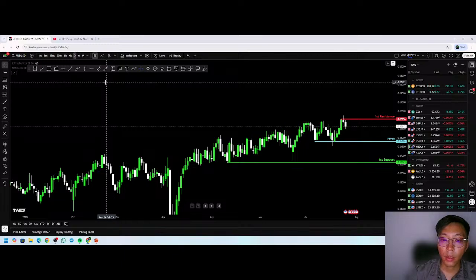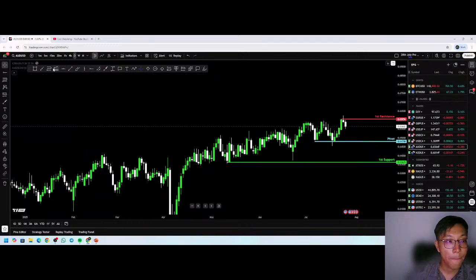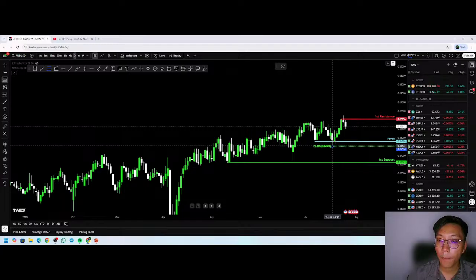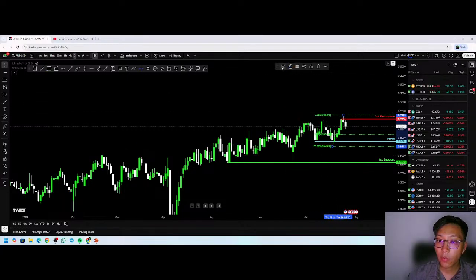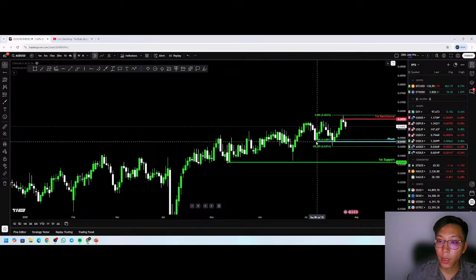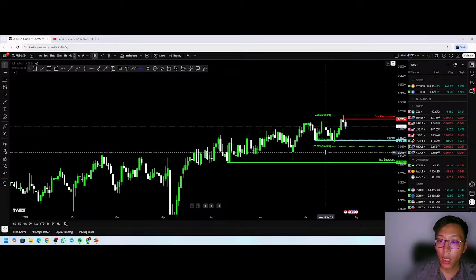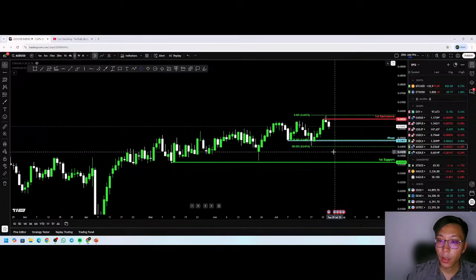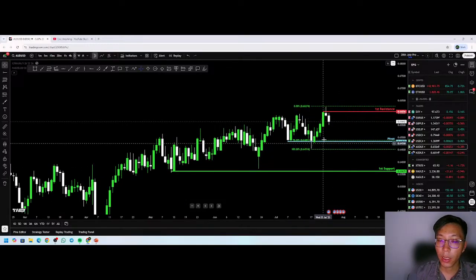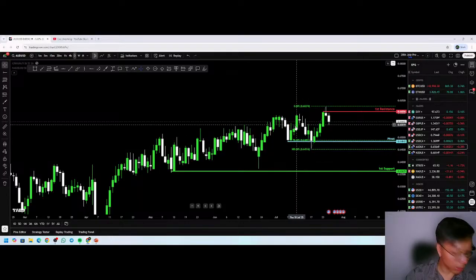Okay, let's take a look. I think it aligns with the 78.6%. Yep, aligns with the 78.6% Fibo retracement level. Okay, so this is a perfect buy opportunity right here.